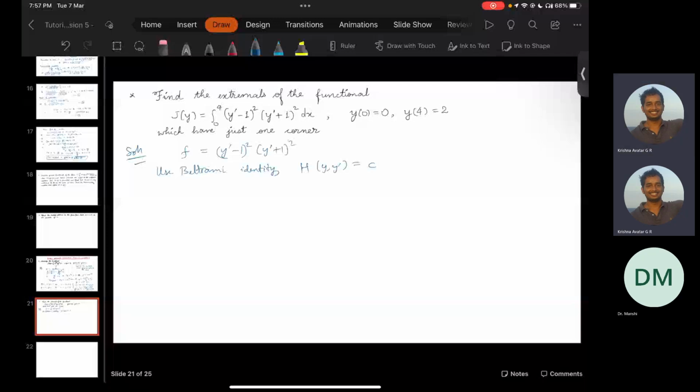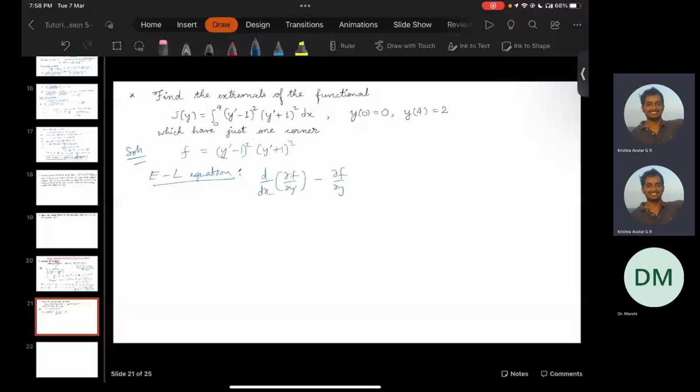Let's use our Lagrange equation. So d/dx of del f by del y prime minus del f by del y is equal to 0. It doesn't contain y explicitly, so this is 0. And this implies that del f by del y prime is equal to some constant c.